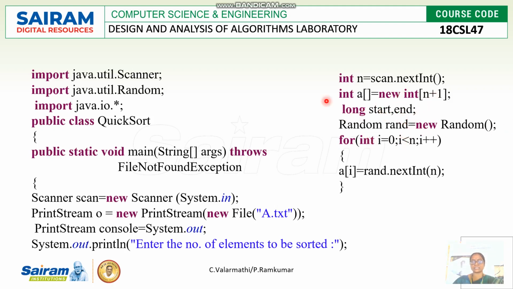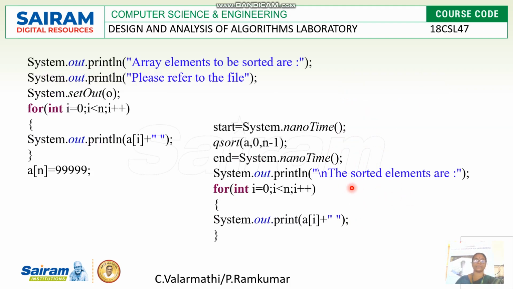Then the Random class is used. RAND is the object created using the new operator. Then it starts with the for loop: for i equal to 0, i less than n, i plus plus. So if your number of elements is 100, the for loop runs 100 times and 100 random numbers are stored in the array a of i.